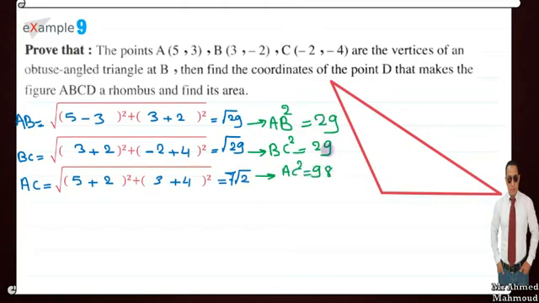Here 29 plus 29 equals 58, and the 98 greater than 58, so this triangle is obtuse.